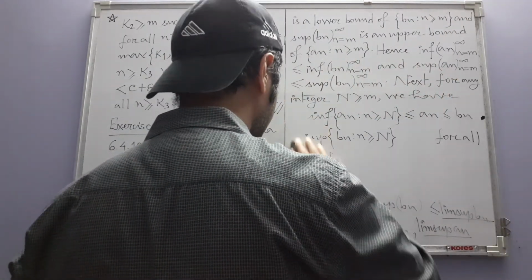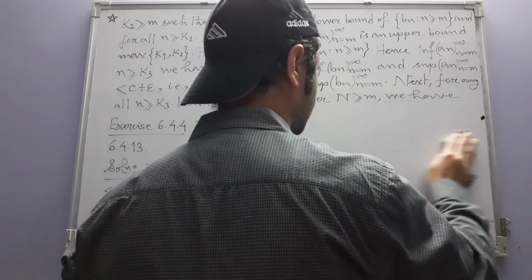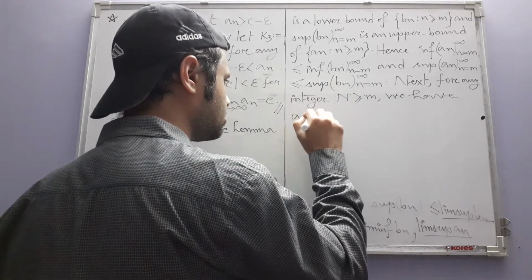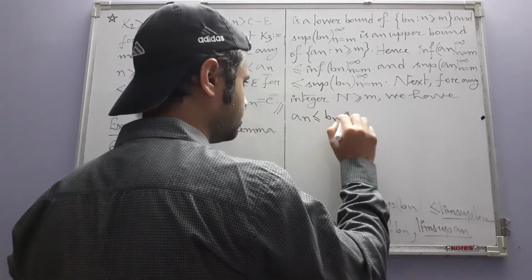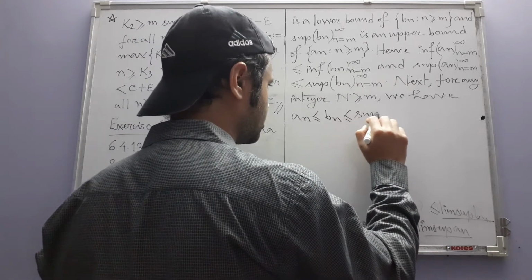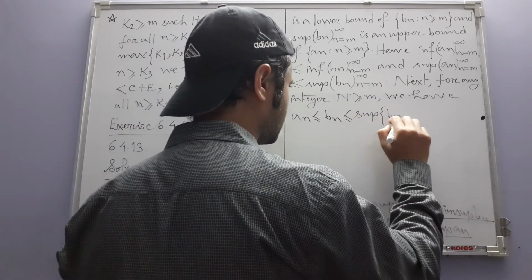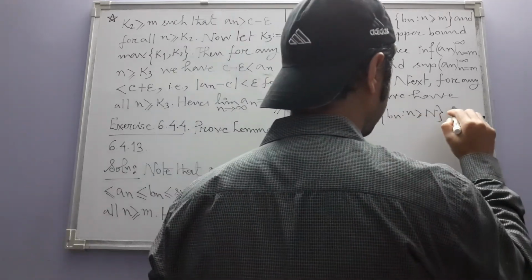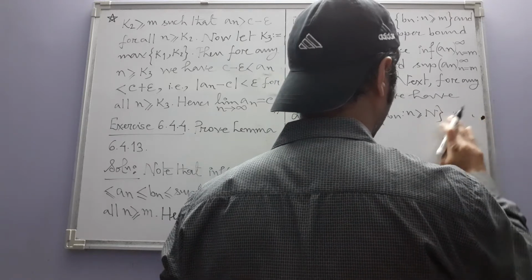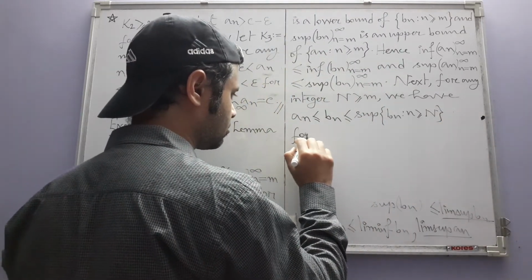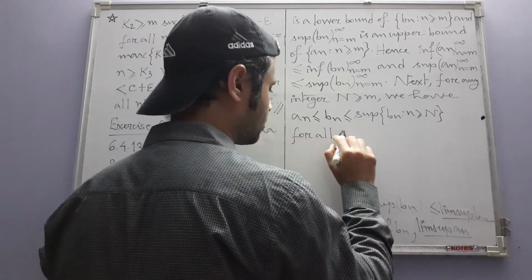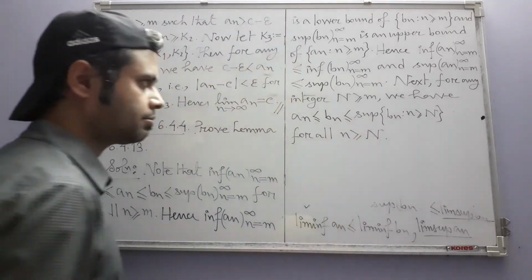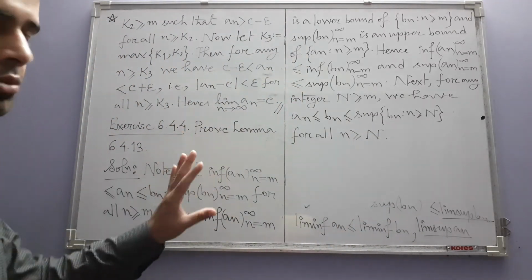So instead what we write is this: An is less than or equal to Bn, and Bn is less than or equal to the supremum of Bn as n varies like this, for all n greater than or equal to capital N. Okay, so we have removed that infimum part.